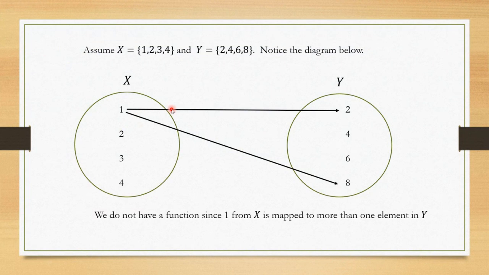Because the first arrow is assigning 1 to 2. The second arrow is assigning 1 to 8. You have 1 as input, but 1 has 2 different outputs. This is assigning to 1 two different elements from y.